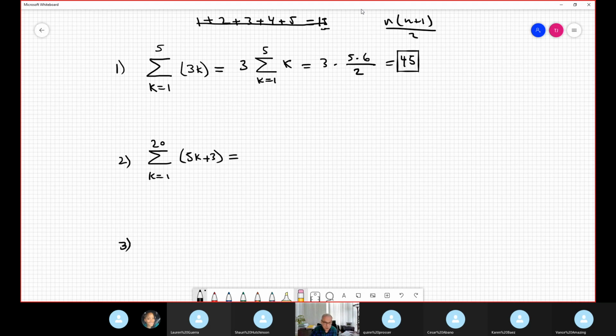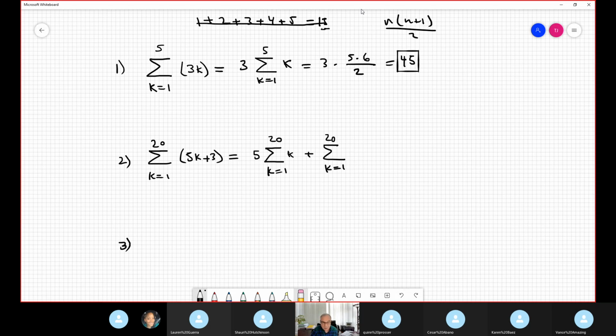The first summation is 5k, and 5 is a constant, I put it outside. And the second is the sum from k equals 1 to 20 of just 3. And you say, well, professor, this 3 is a constant, you can put it outside. Yeah, of course you can.